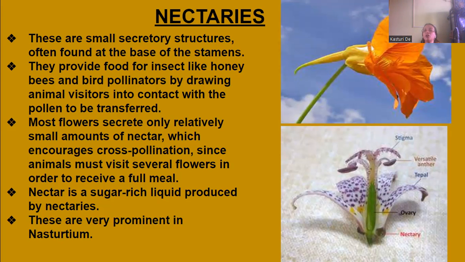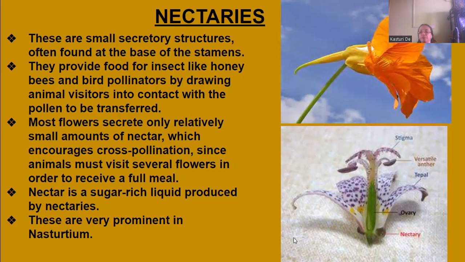Okay. The nectar, what is nectar? Nectar is a sugar-rich liquid produced by the nectaries or the nectar-producing glands. Okay. So the nectar-producing glands produce some sugar-rich liquid, which is known as nectar. Okay. The example is very prominent in Nasturtium. So this is the nectary. You can see from this flower, this is the nectary. Here the nectar is produced.